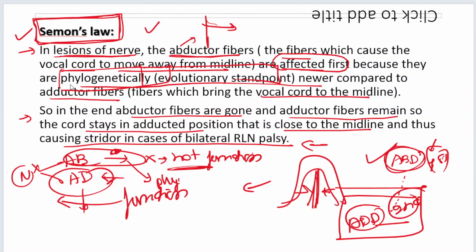Adductor fibers were present since many millennia, to say. And so when the nerve is getting affected, the entire nerve does not get affected. The abductor fibers get affected. Adductor fibers remain. So adduction happens. Abductor fibers are gone. So abduction cannot be done. So the vocal cords come close to each other and the patient may develop stridor.